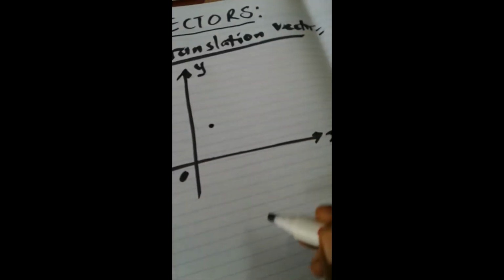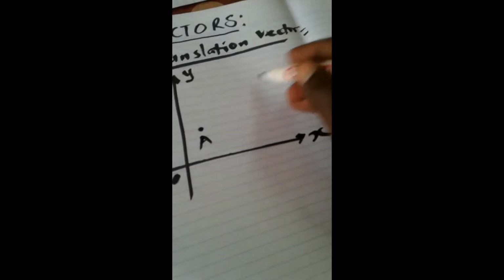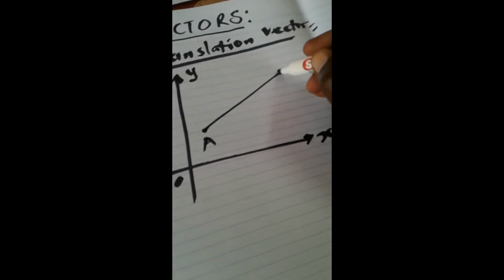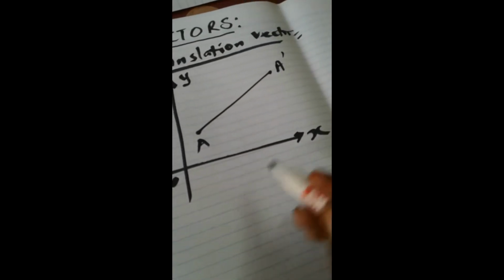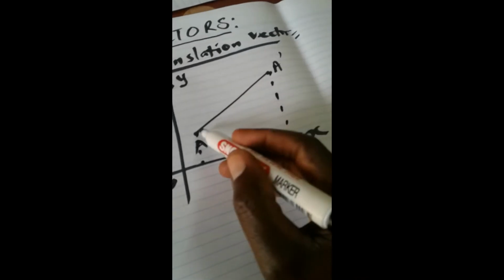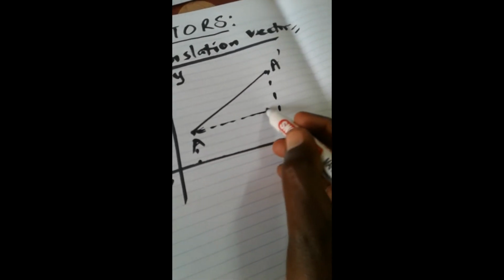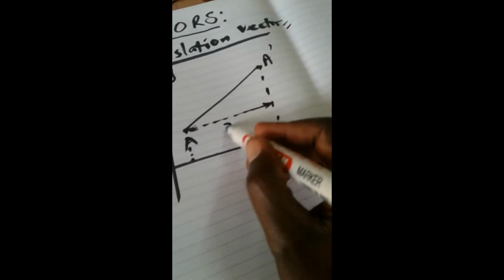If a point A shifts to a point A prime, it means it has moved a certain step or some steps along the x-axis.